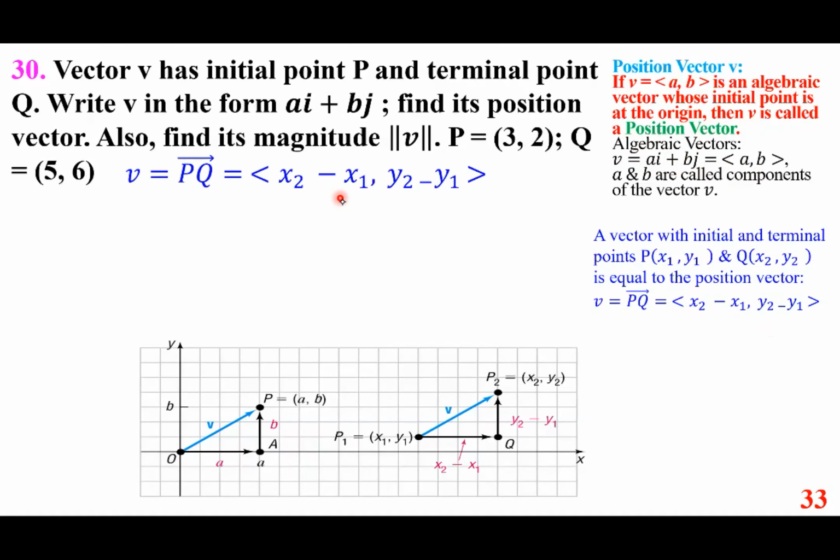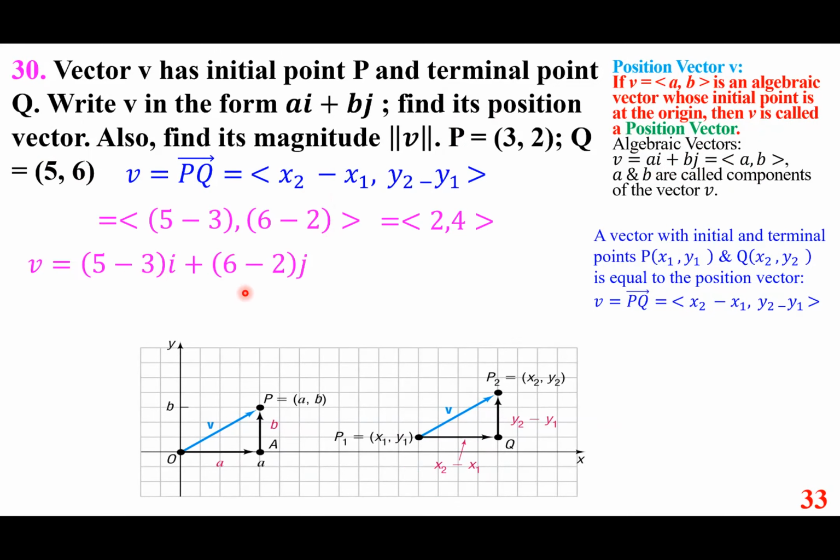So this is the case here, and we are going to write 5 minus 3, 6 minus 2, and that is (2, 4). It's the same as writing (5 minus 3) times i plus (6 minus 2) times j, or just look at this one and write 2i plus 4j.